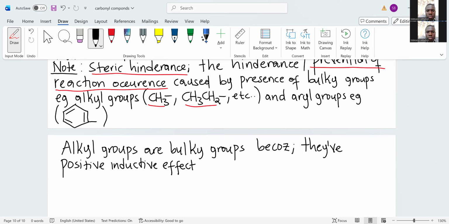Alkyl groups are bulky groups because they have positive inductive effects.